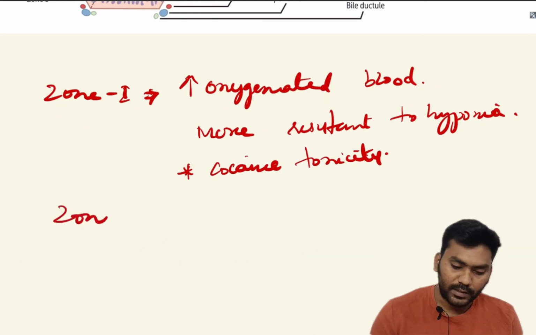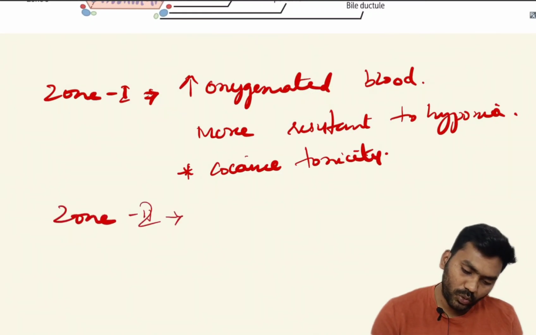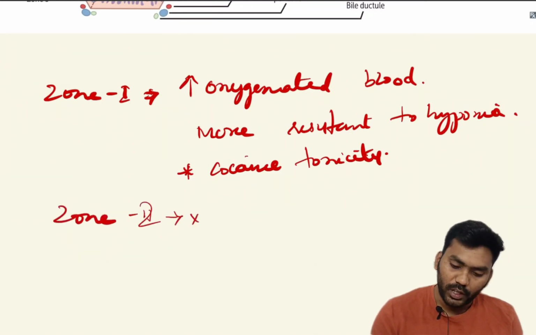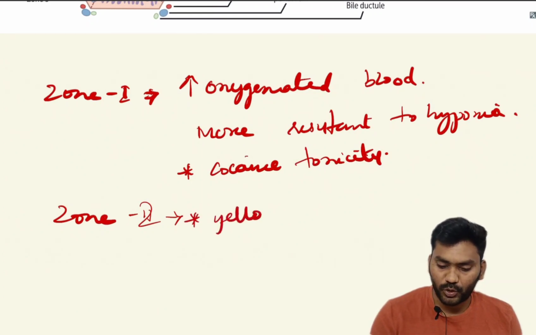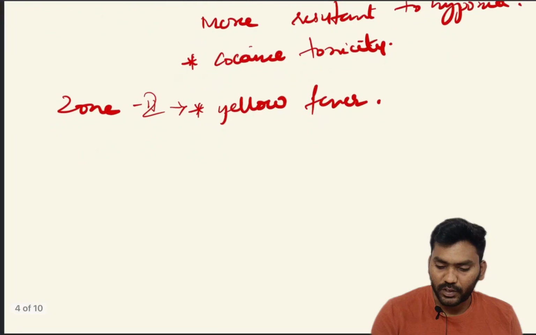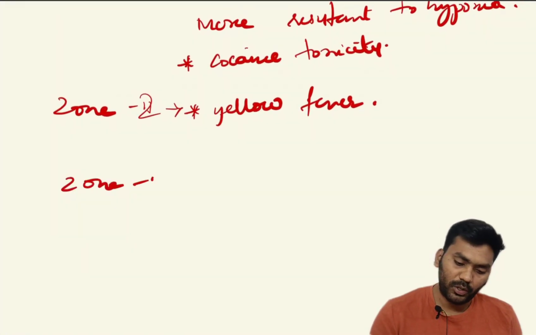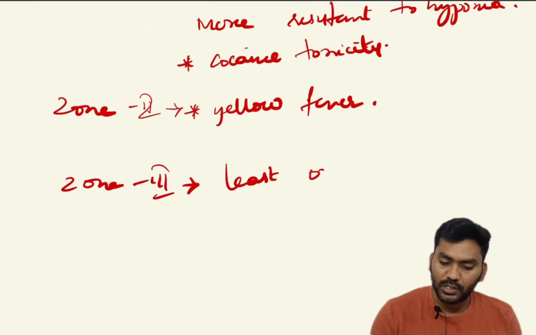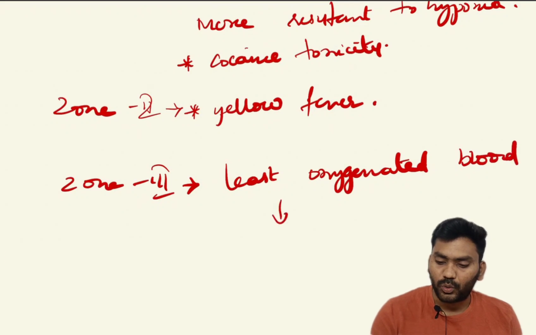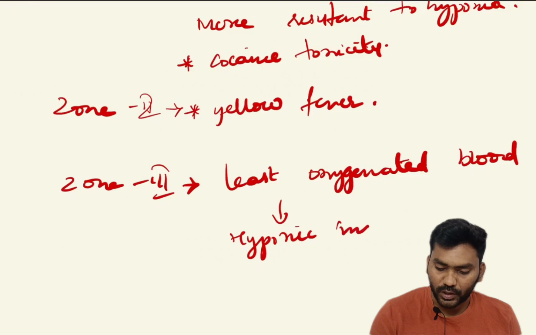The second is zone 2, the intermediate zone. One important factor you should remember: yellow fever affects this zone. Coming to zone 3, it receives the least oxygenated blood, so it is more prone to hypoxic injury.